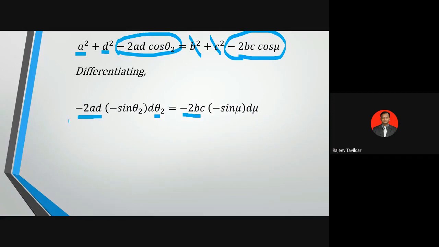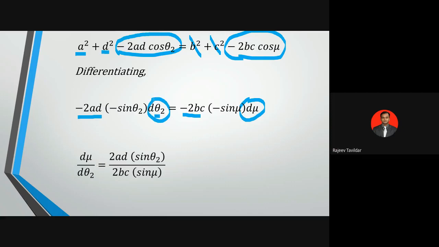Okay, so once I get this equation, I'll rearrange the terms. I am going to put d mu and d theta on one side, and all other terms on the other side. So d mu upon d theta 2 will come over here, and this entire 2bc sin mu will go over here.